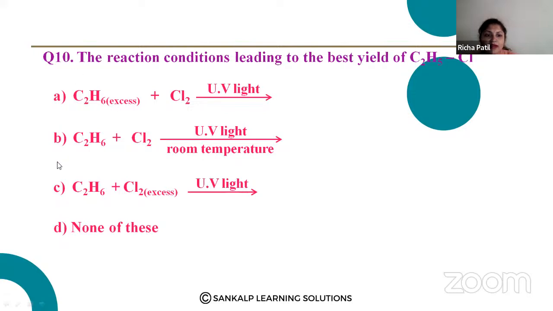When you take Cl2 in excess, one of the hydrogens will be replaced. The correct answer is C. In the presence of UV light, one of your hydrogen atoms will be replaced by a chlorine atom. So it will undergo a halogenation reaction.